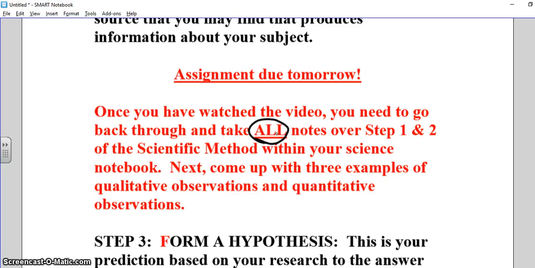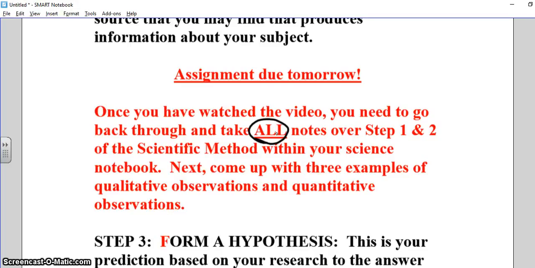Then you need to come up with 3 examples of what a qualitative observation is. You do not give me it looks like, you do not infer, tell me what it seems like, your personal opinion. I don't want your personal opinion. I want the scientific. I want it to be what you exactly see using your 5 senses.